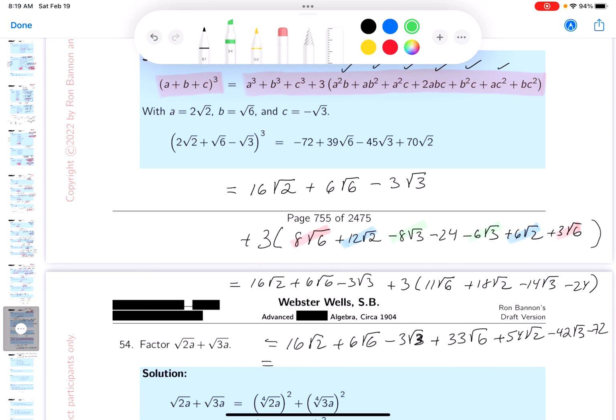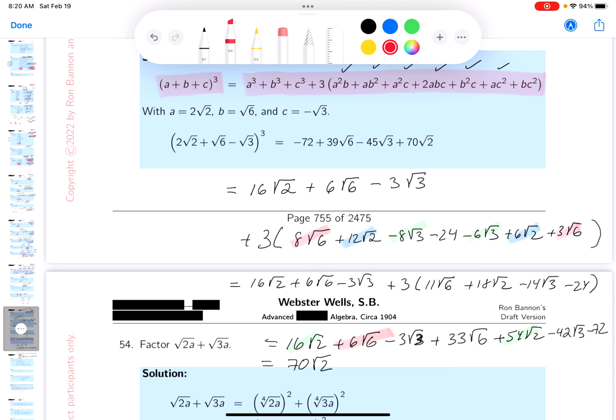I'm going to start concentrating on the root 2s first. And what's that going to give you? 70. Did I do that right? 16 and 54, 70 root 2s. All right, let's keep going. Let's go to my root 6s.